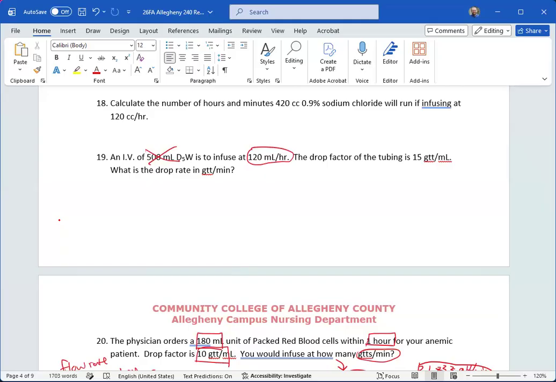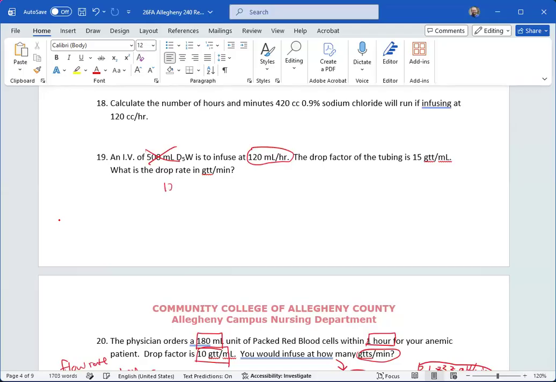The only reason I would need to know the 500 mLs is if it didn't give me the rate. Let's say it said 500 milliliters over 4 hours, then I would have to take 500 over 4 to get my flow rate. But it already gives me the flow rate.